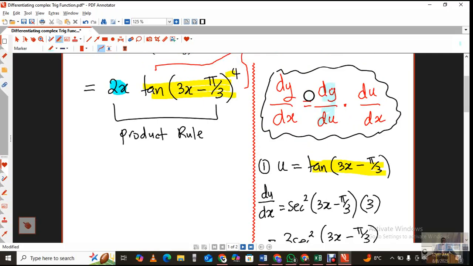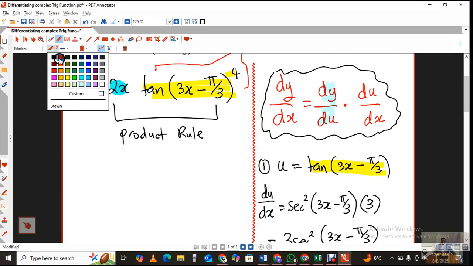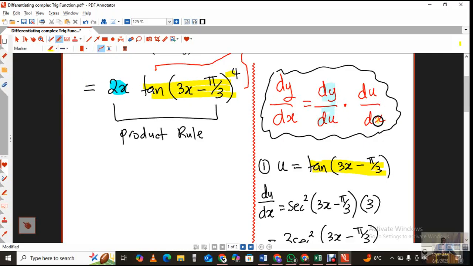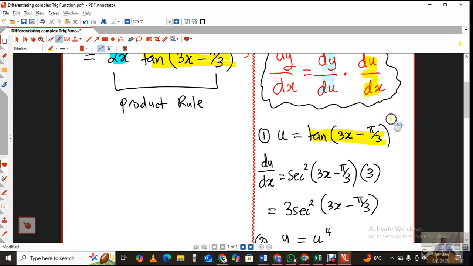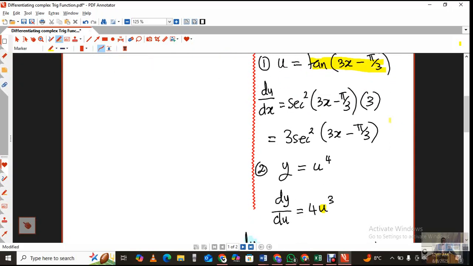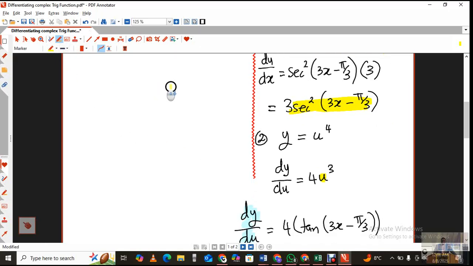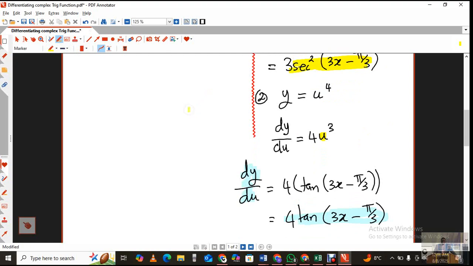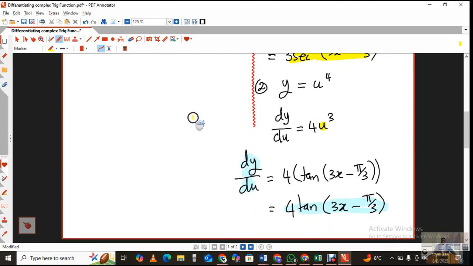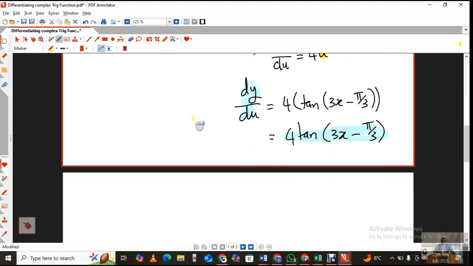We also have du/dx, which is all the stuff over here. By virtue of the chain rule, we need to multiply them together.